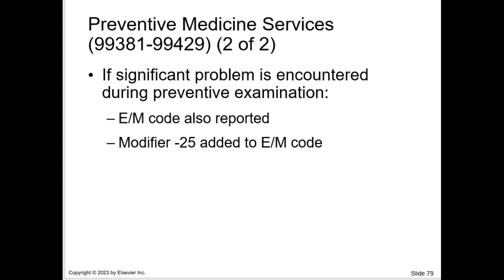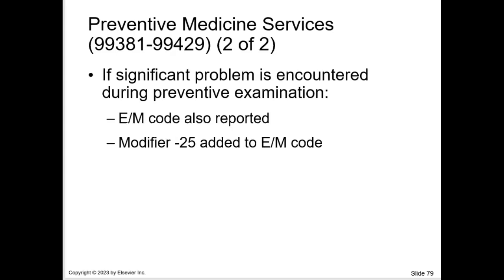All right, so this is interesting. If a significant problem is encountered during that preventative exam, and let's say that you are having some other issues, you're having heart palpitations, or they notice a skip in your heartbeat, or anything like that, they can go ahead and add, let's just say, a 99212-25 to the E&M code, saying we also saw that patient not only for their annual physical, but they came in with a problem.